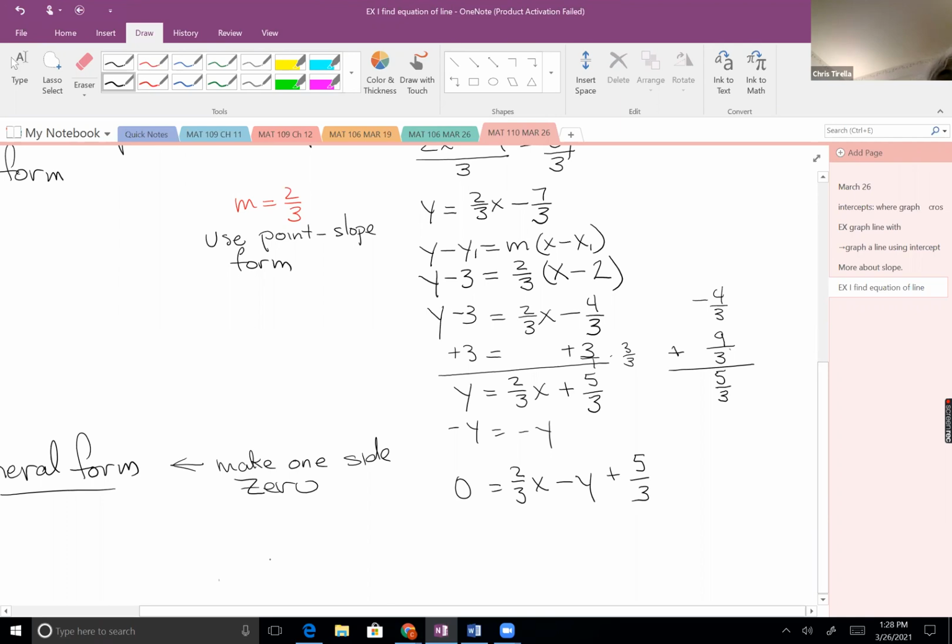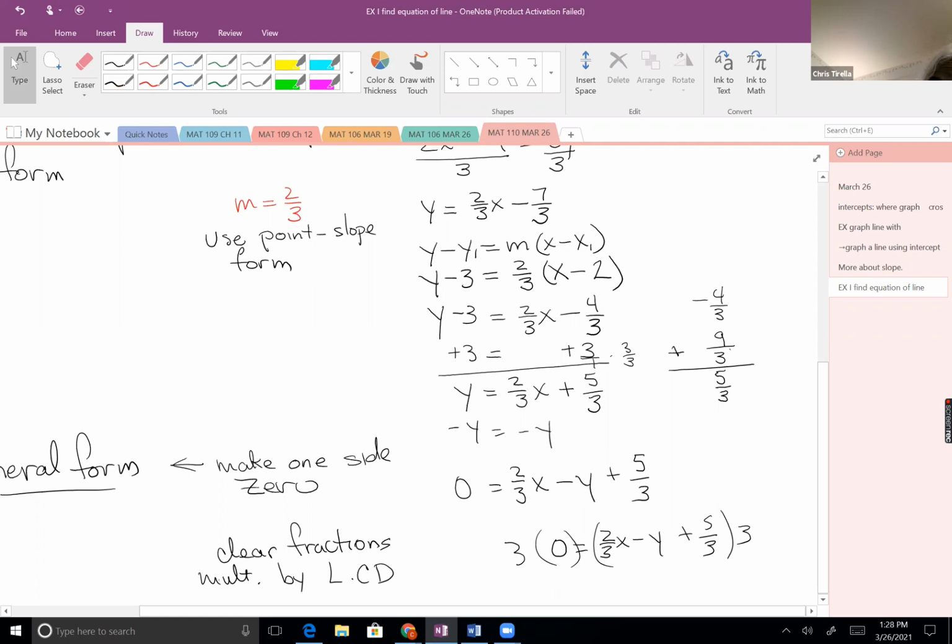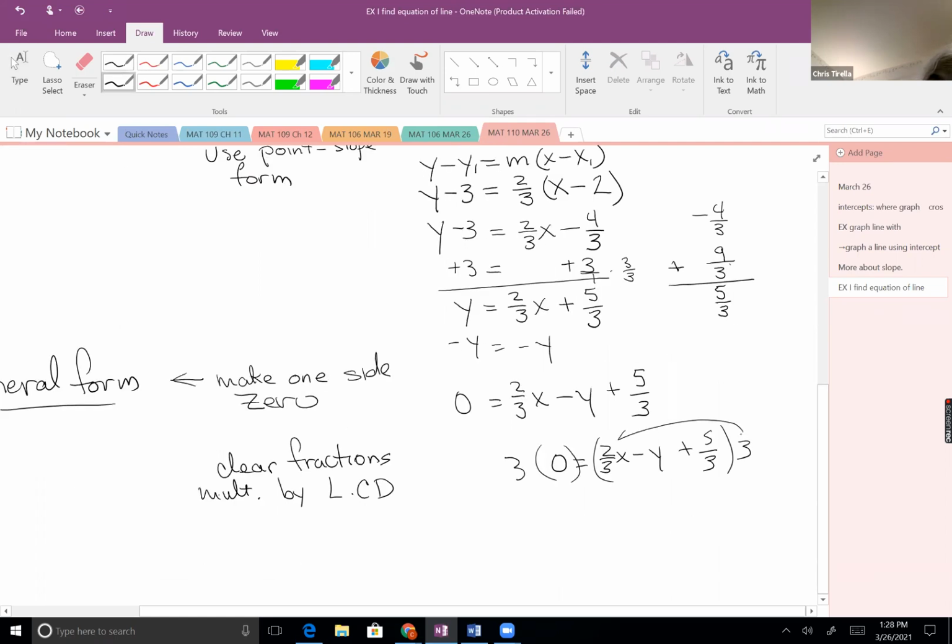And general form, you can usually stop there, but I'd like to clear the fractions by multiplying by the least common denominator. The only denominator I see is 3. So I'm going to multiply both sides by 3. And distributing here, I get 0 equals 2x minus 3y plus 5.